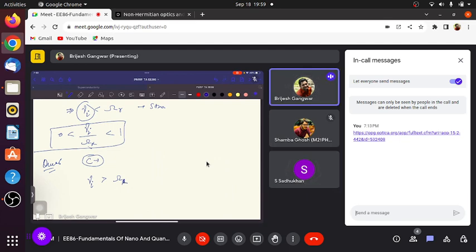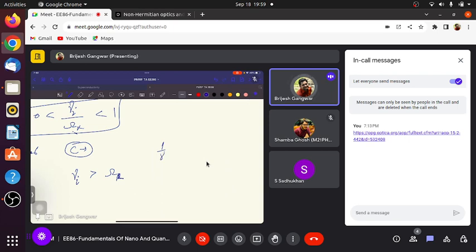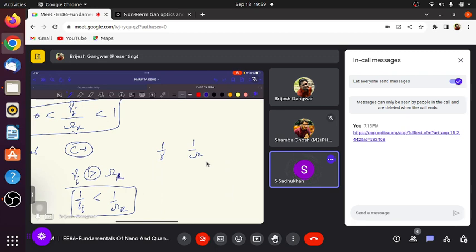But there is no answer like that. The options are mostly given in this form. So if you invert this, 1 upon gamma I, this will be inverted, right? So this will be the answer.